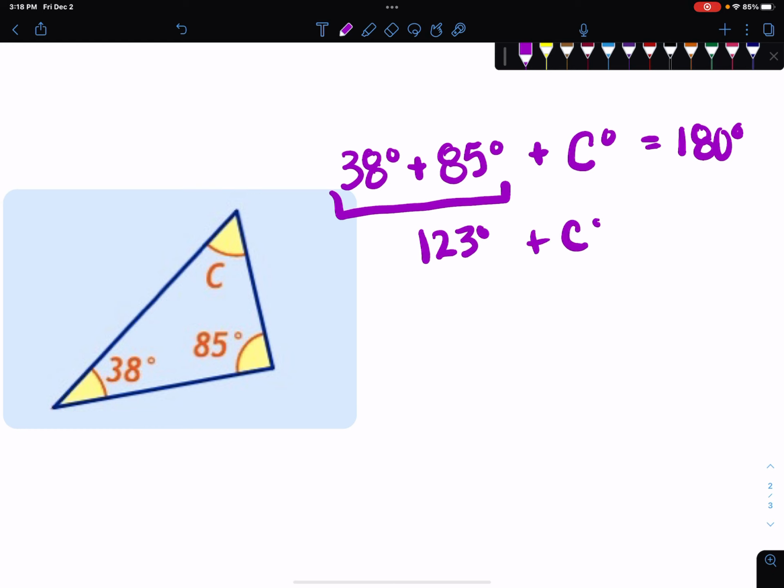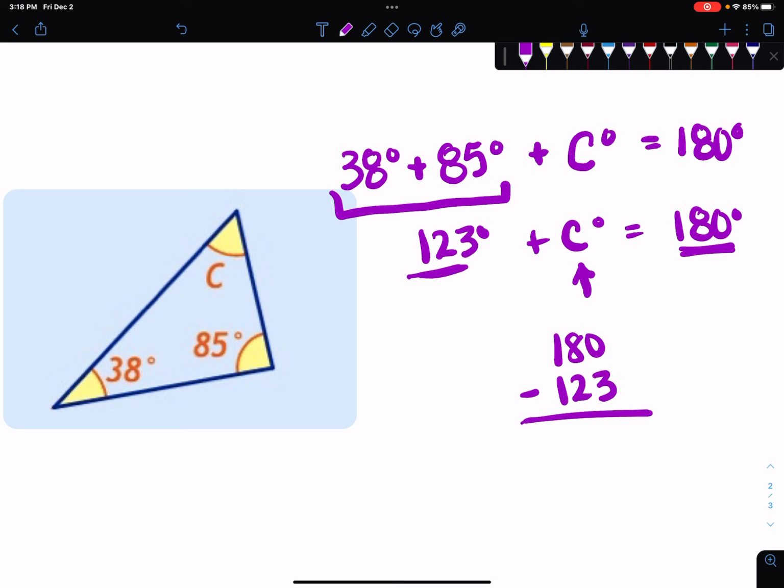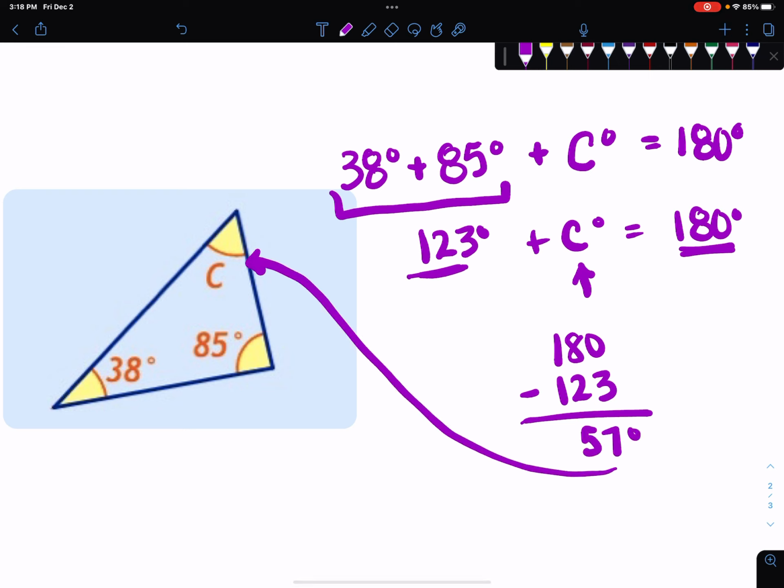I know there's some missing angle here of C, and I know it equals 180. So to find this angle, I'm going to take the total and subtract the amount that I have for the other angles. 180 minus 123 gives me 57 degrees. That means that's what C has to be.